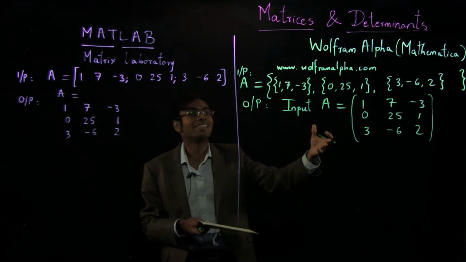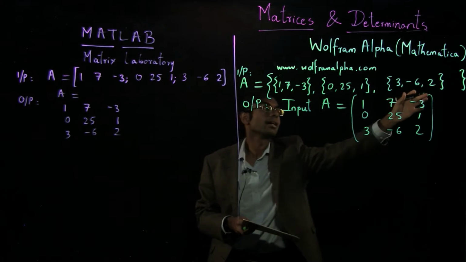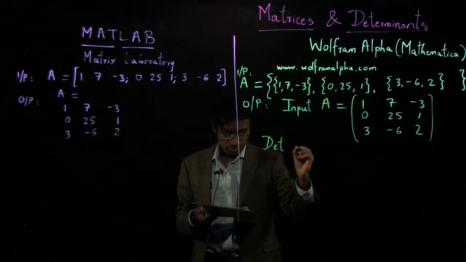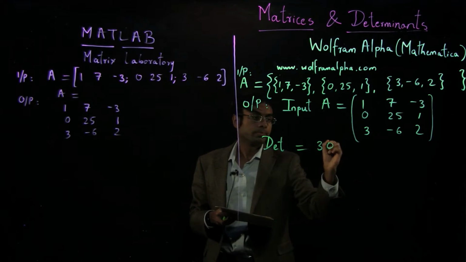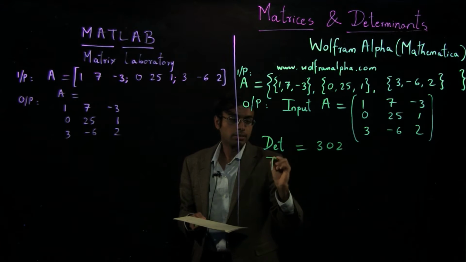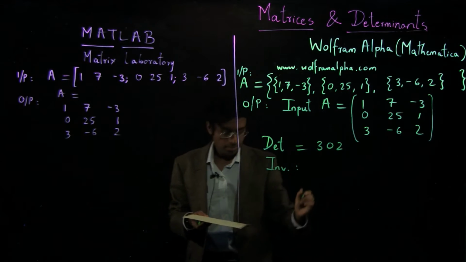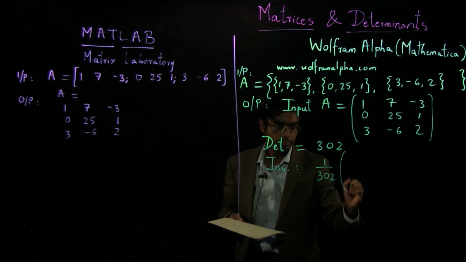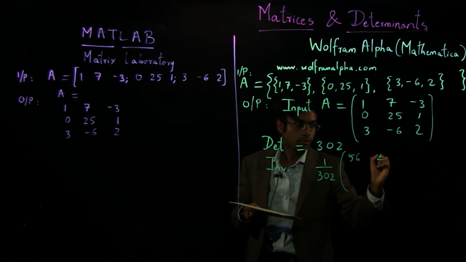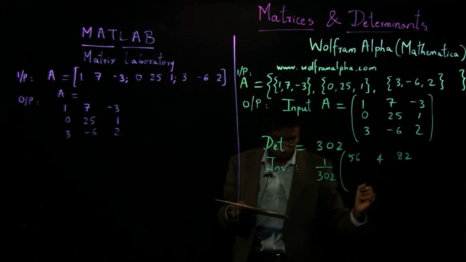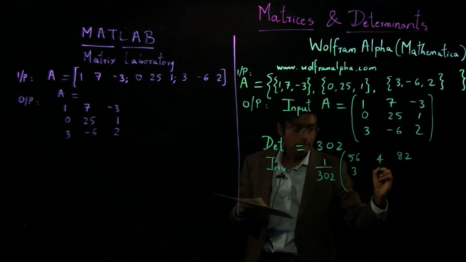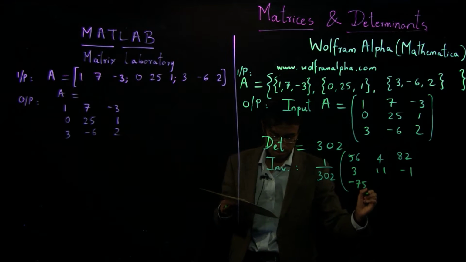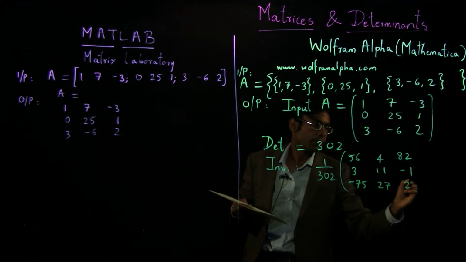So even before you put in that, just by entering this one line in the search box, it gives you determinant equals 302 and inverse as 1 over 302 times 56, 4, 82, 3, 11, minus 1, minus 75, 27, 25.